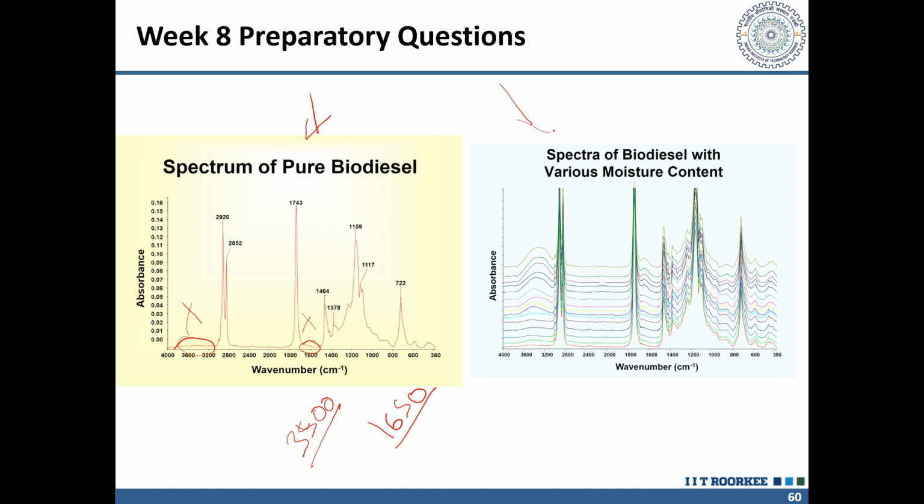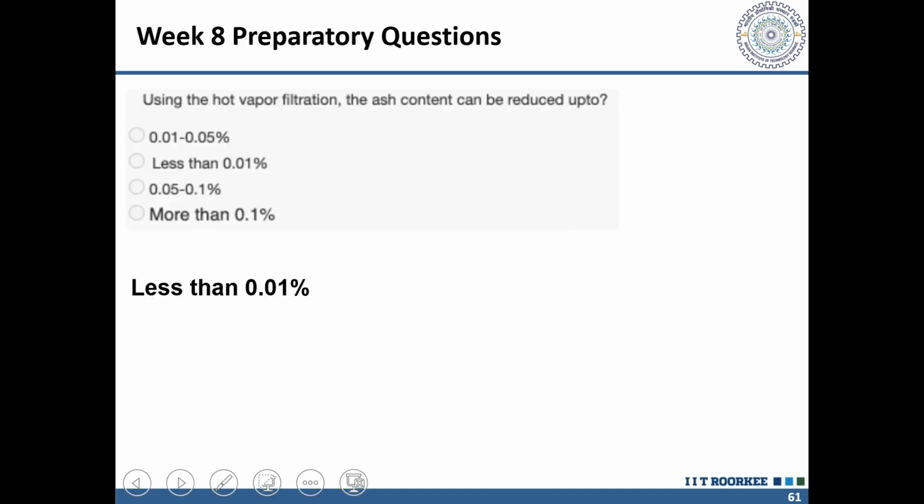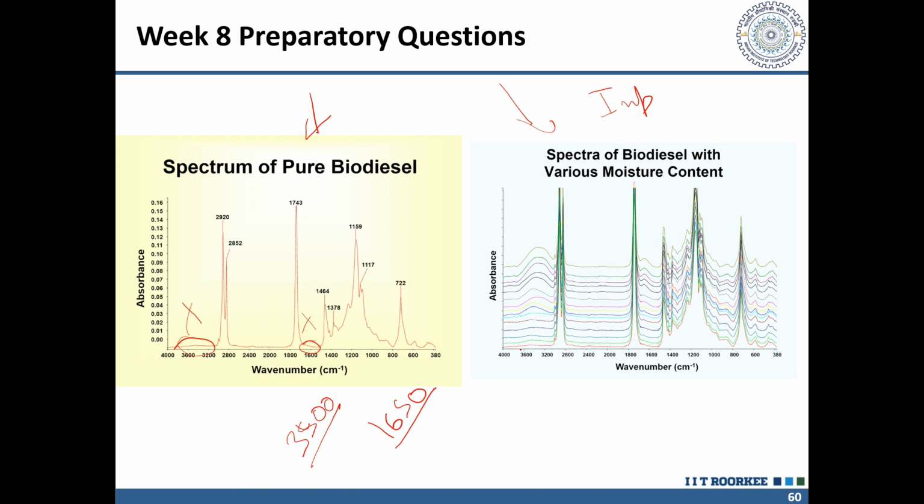But if we look at this one, this is the impure. So if we look here, the bottom graph is plain, and as the water increases, it becomes more bumpy.